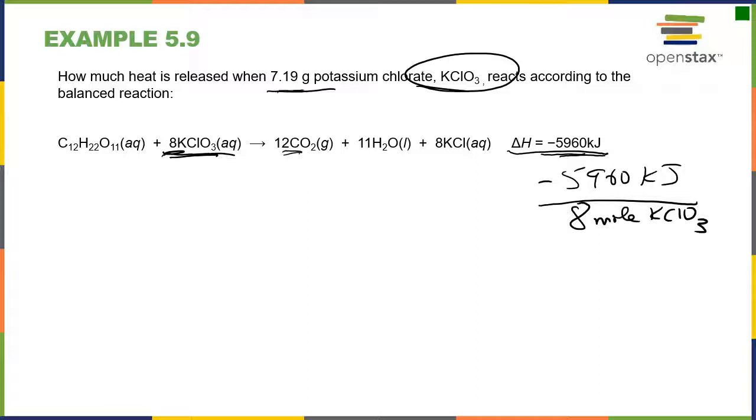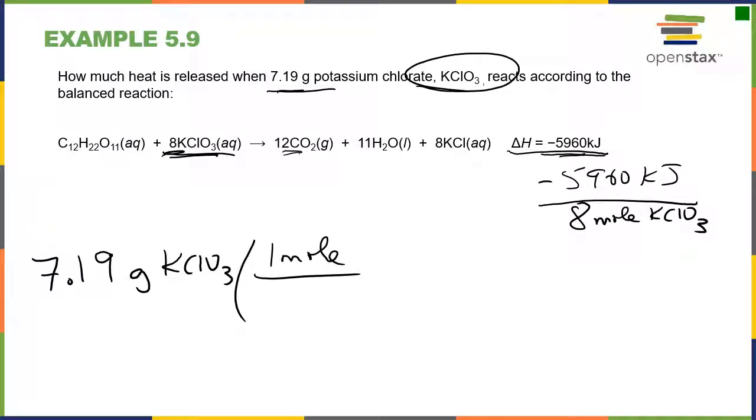So the question is how much heat is produced when we react 7.19 grams of KClO3? Well, we know there's minus 5,960 kilojoules for 8 moles, so we're going to get the molar mass. There's 1 mole of potassium chlorate for every 122.6 grams of it.